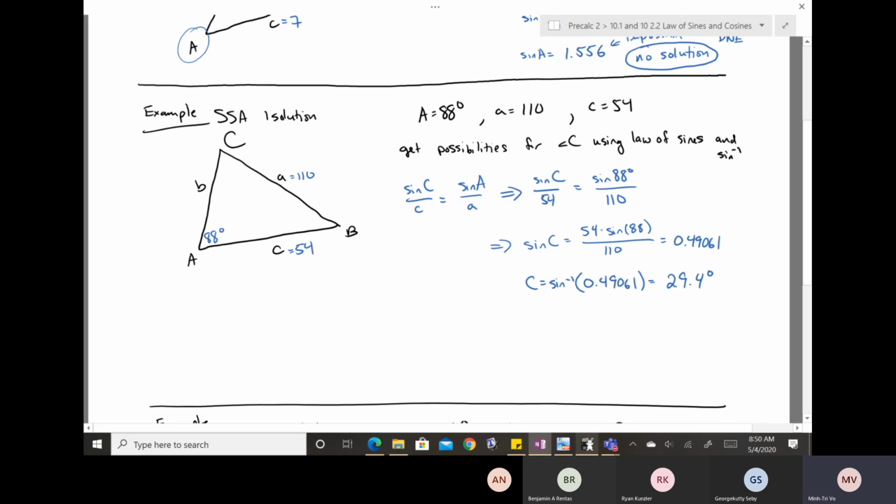Okay. So again, at least this part is okay, because the sine of the angle is smaller than 1. And then to get the angle itself, I just do the inverse sine function. So this is what I'm calling theta. The thing you want to check is 180 minus theta.